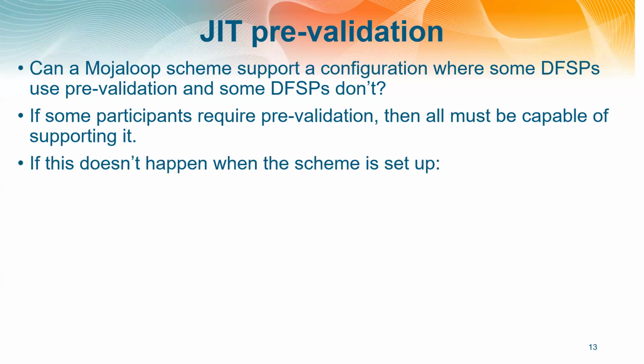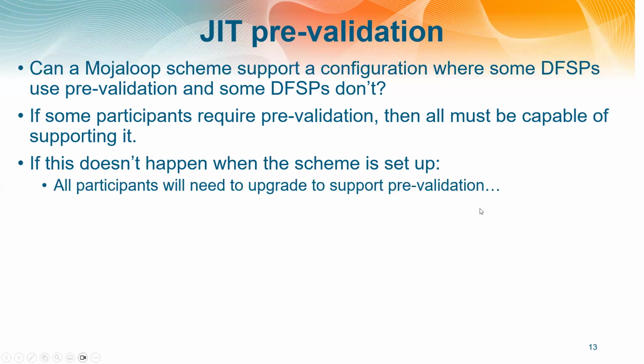So if this doesn't happen when the scheme is set up, what needs to happen? First of all, the participants will need to upgrade. As we've said before, if some participants require pre-validation, then all must be capable of supporting it. And that's the case even if those participants won't themselves need to use it.